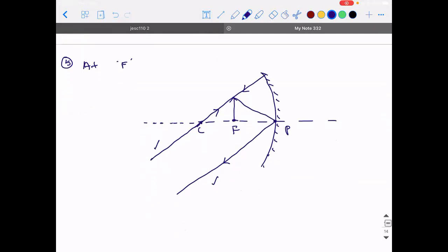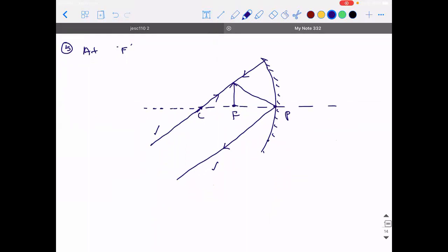So where will parallel rays obviously meet? From the basics of mathematics, where do parallel rays meet? They meet at infinity. So when the object is at F, the image is formed at infinity. What is the nature?